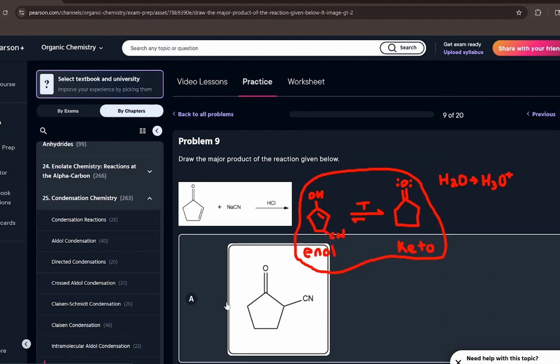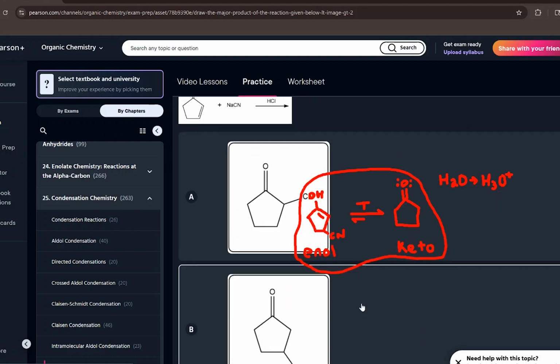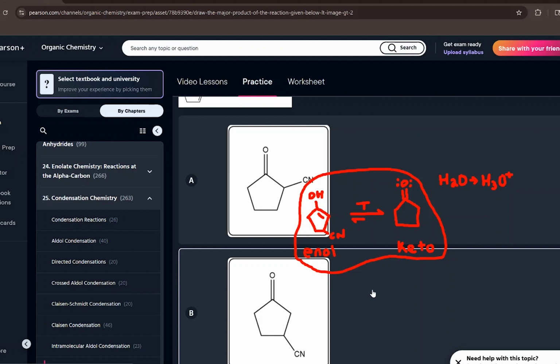So A is similar to our keto form. It has the double bonded oxygen, but it's missing the fact that the CN should be down on C3, not C2. So A is wrong. B, oh, you know what I'm realizing? When I was copying it over, I just forgot to put the CN here.